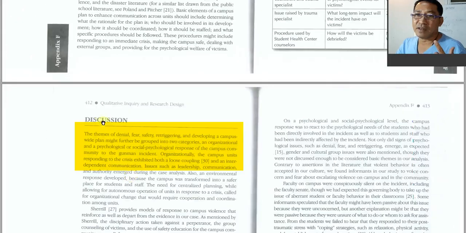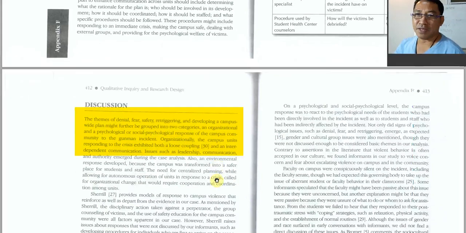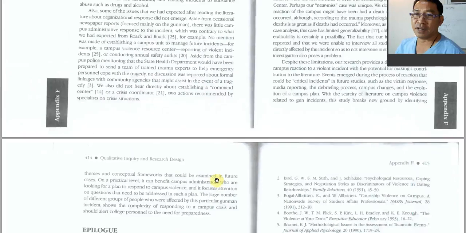And then in the discussion of this finding, they found that there are two groups of categories: organizational and psychological framework or response. Of course, because they were using these two approaches before. It's two frameworks, by the way. All right, and then this is what they found. All right, five.